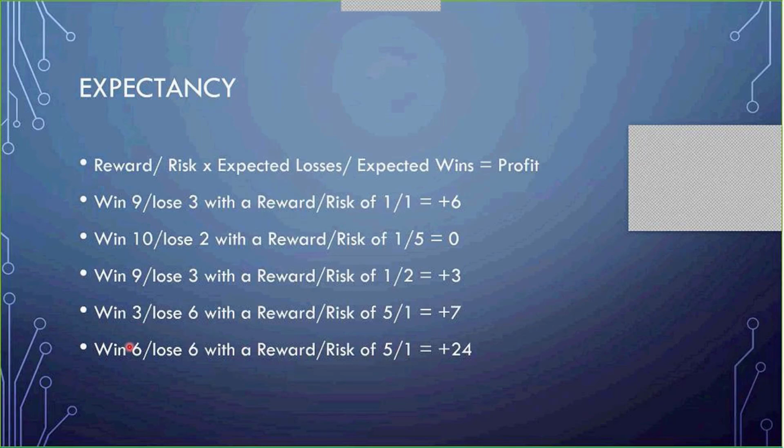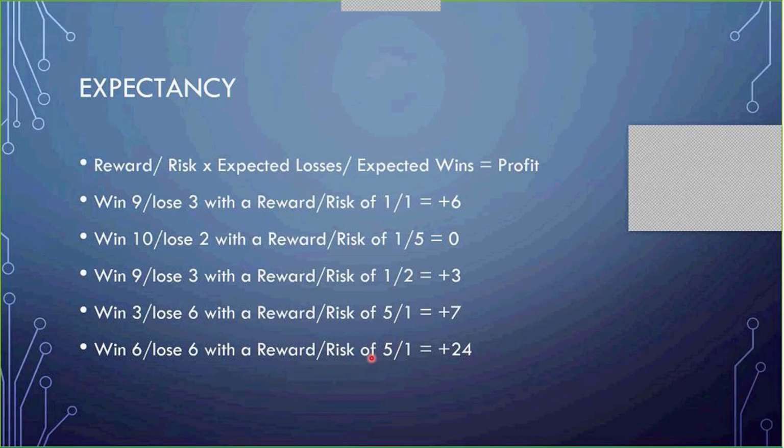So if you were to take one loss for every one gain, and you were to still have a 1-to-1 ratio, you'd end up not making any money. Because for every one you're willing to lose, you're willing to lose, and now you're just spinning your wheels and not going anywhere. So if you're going to use a lower probability strategy that doesn't win as often, you have to start skewing the risk reward.